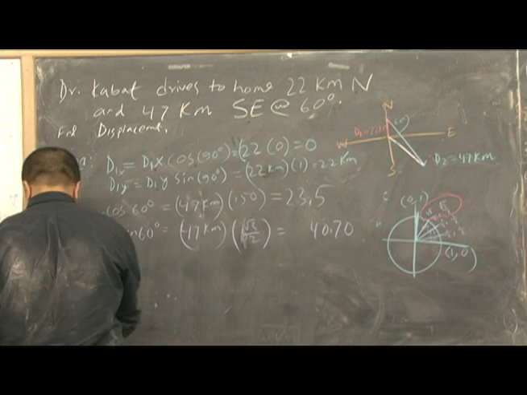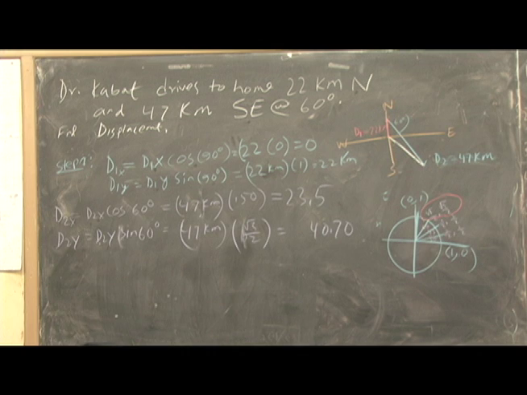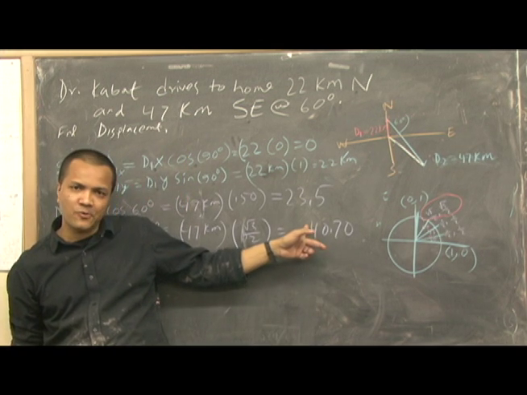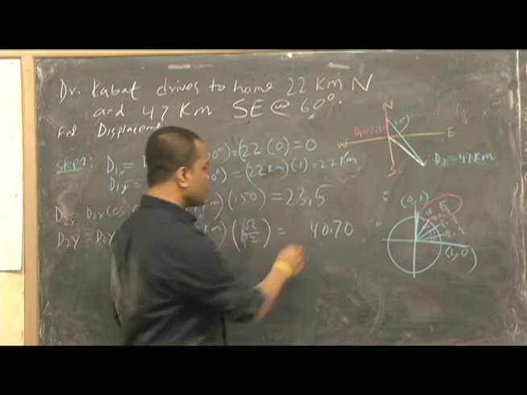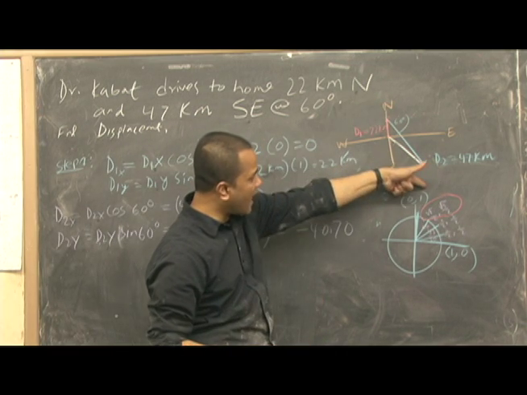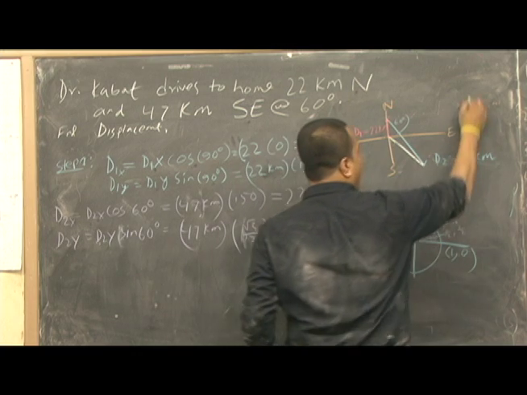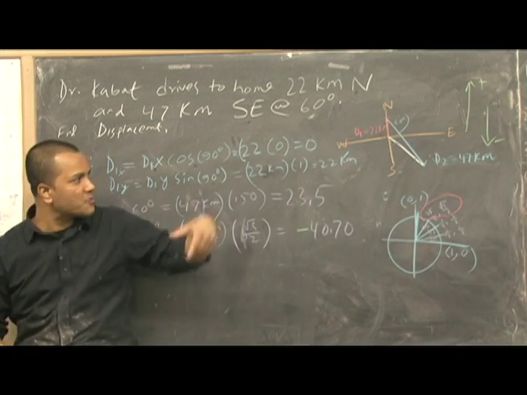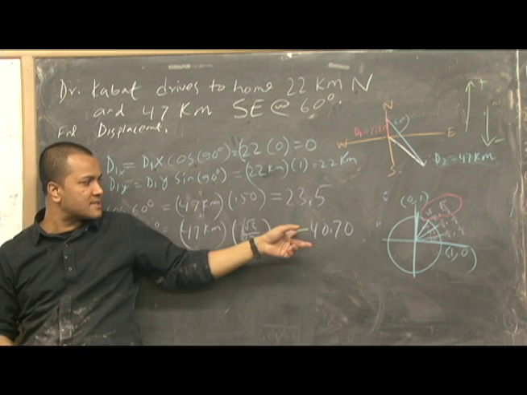But we have to make sure that we put a negative sign here. Why? Because it's going down. When we go up, it is positive. When we go down, it is negative. So since we're going down, this is negative.